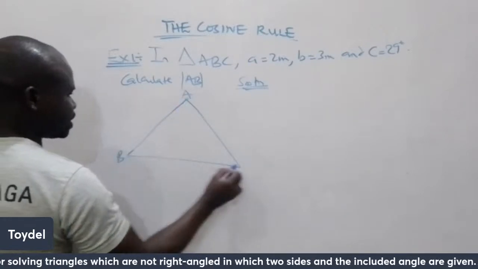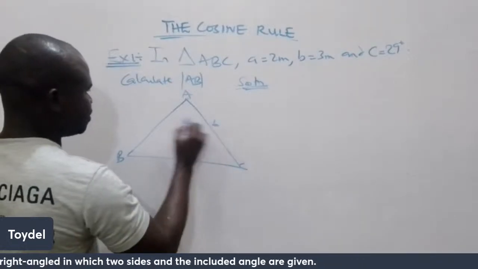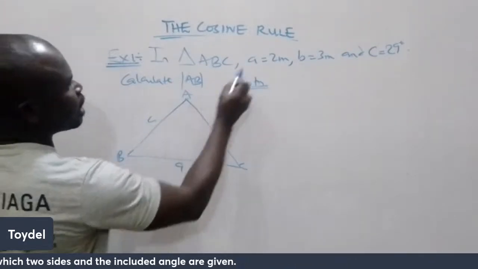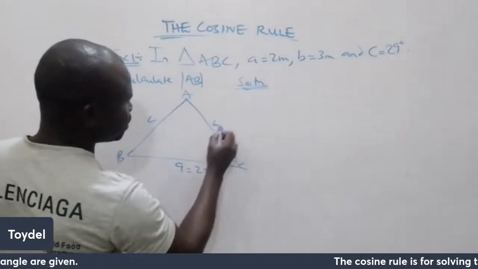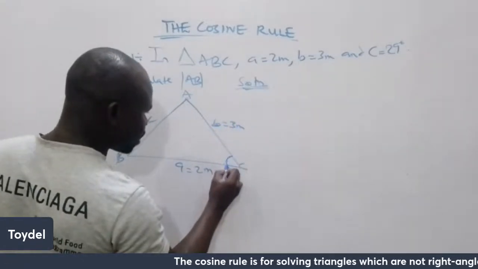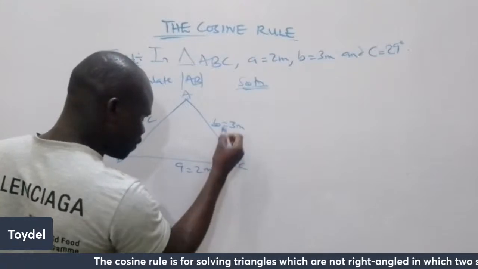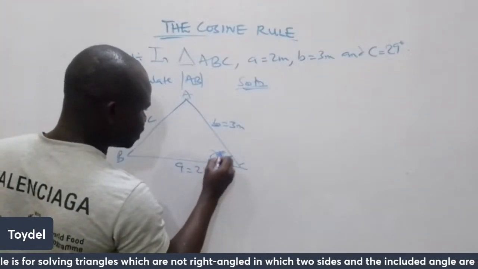Let's say this is ABC. Then this will be side a, side b, side c. We are given side a to be 2 meters. We are given side b to be 3 meters. Then we are given the angle between a and b as 29 degrees.